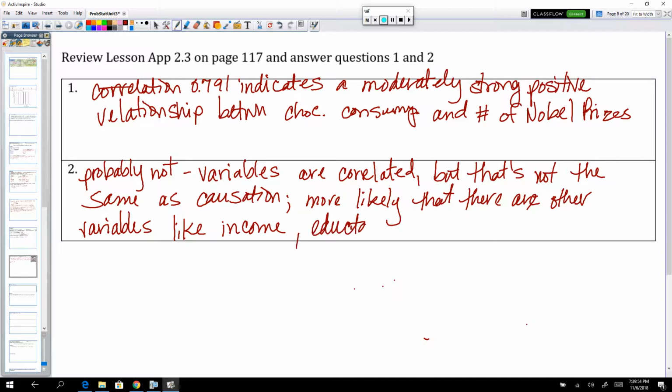There are other things going on in those countries that are winning those Nobel Prizes besides eating chocolate. Okay? So you can absolutely address correlation and explain what the correlation says about the data, but you're not necessarily proving causation. You would need to run an experiment, a very controlled experiment, to prove causation. Okay? All right, let's go ahead and take a look at exercise 18.